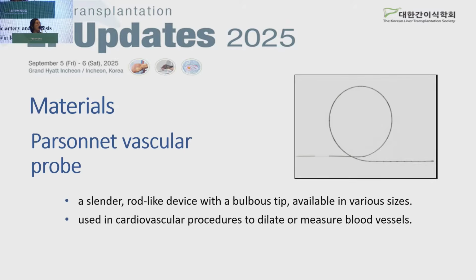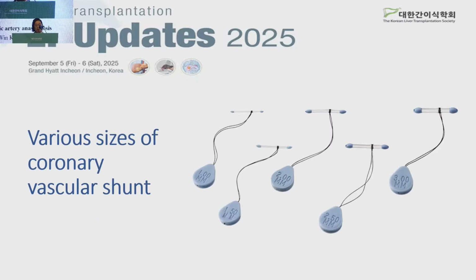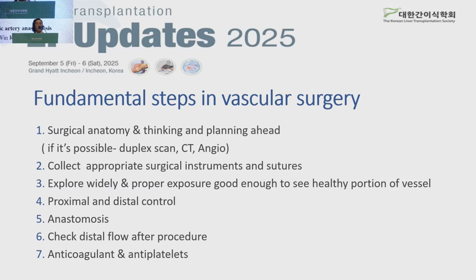I only use it in cardiopulmonary bypass and coronary bypass grafting, CABG, mainly the left internal mammary artery to the LAD. Another special material is the coronary vascular shunt. You can see various sizes, from 1 millimeter to 3-4 millimeters. Every day, I use this shunt for coronary CABG cases.